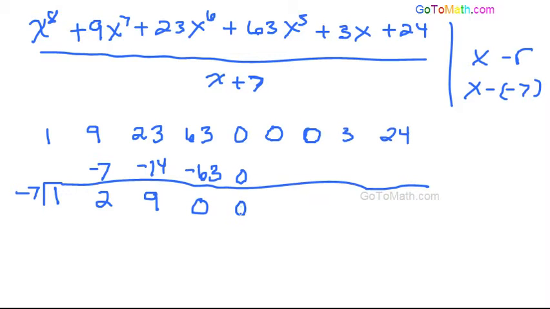So that's going to be 0, and that'll be 0, and another 0, and another 0, and another 0. But that'll be 3. Broke the cycle there. Negative 7 times 3 is negative 21. And that'll be a difference of 3.